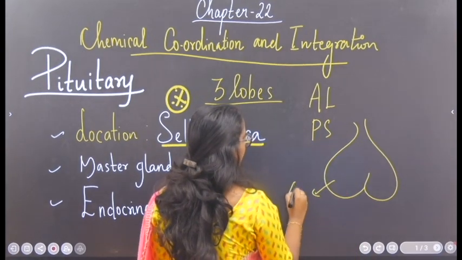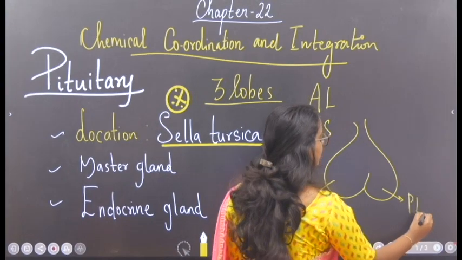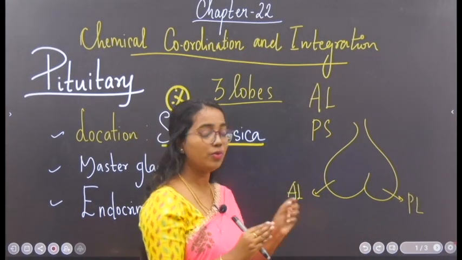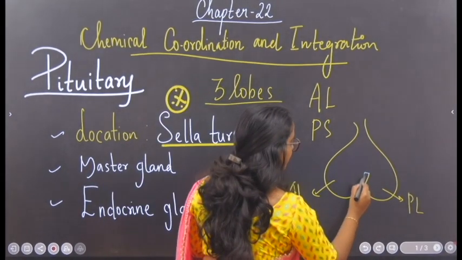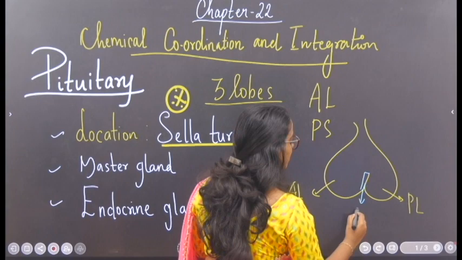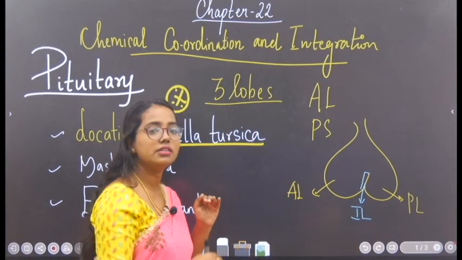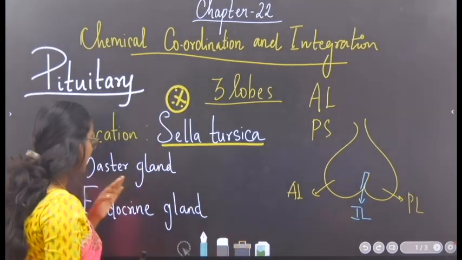This is the anterior lobe and this is the posterior lobe. In between, you see this is the intermediate lobe. So, anterior, posterior and intermediate lobes are all the lobes present in the pituitary gland.